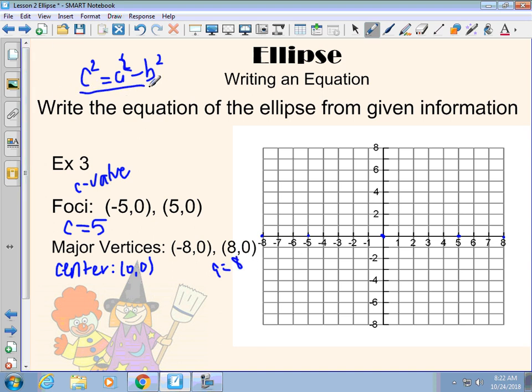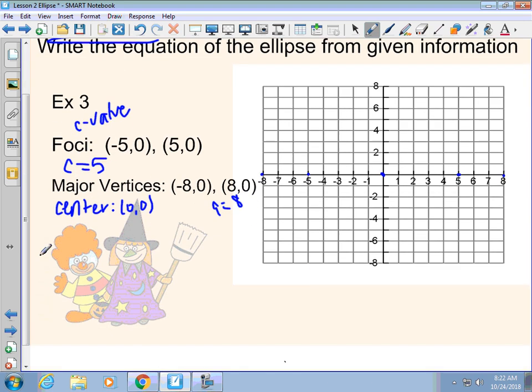And now I need to use this to find b, because remember, we need a squared and we need b squared for our equation. So we're going to say that 25 equals 64, because that's our a squared, minus our b squared, which we're looking for.